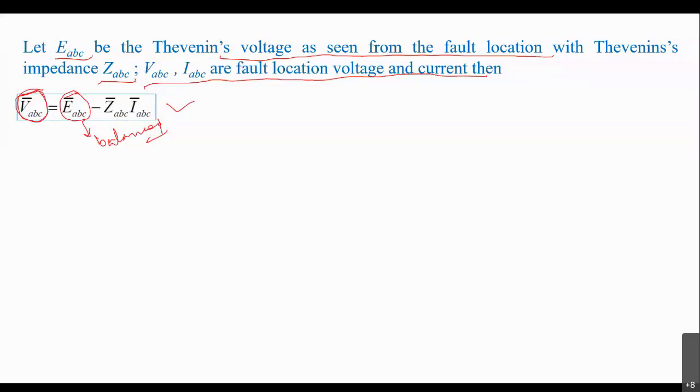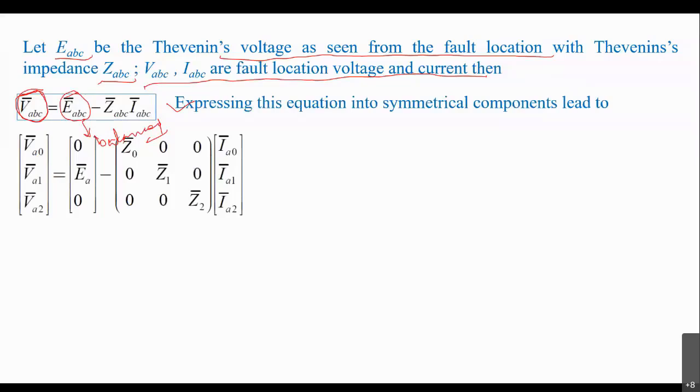So VABC, I can write it as EABC minus ZABC into IABC, right? Expressing this equation in symmetrical components will lead to this equation.